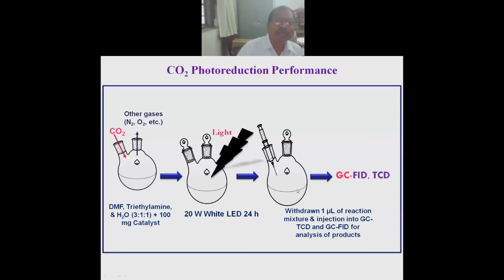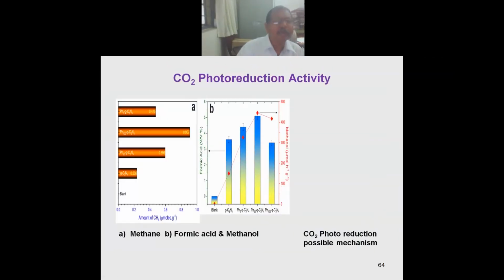The sample is taken using a syringe and analyzed with GC, FID and TCD, and it is found that this is the result.